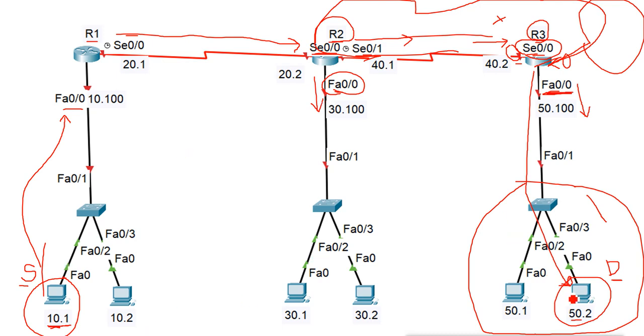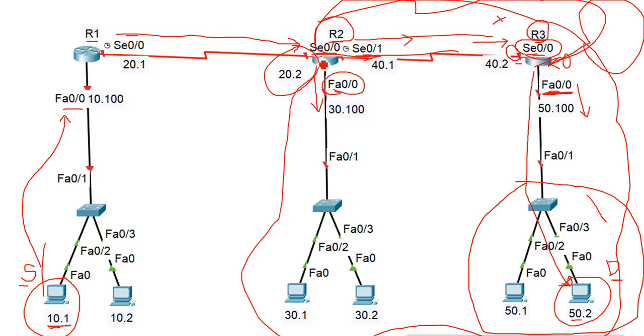Now if I apply it on this serial interface, then again the same problem. The whole network of this side will be blocked. So it will not access the 50 network, and it will also not be able to access this 30 network and any other network we have on this side.